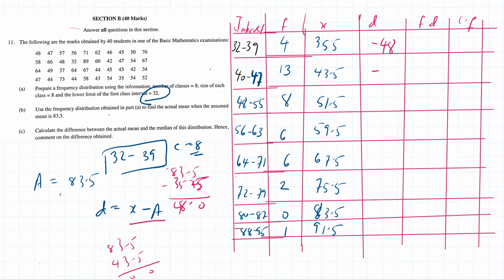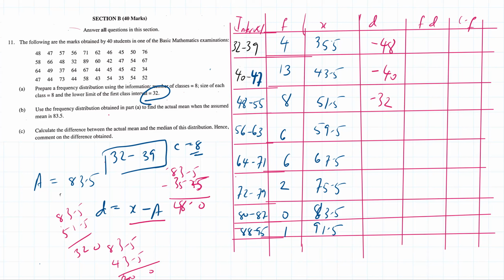And then negative 30, I'm sorry. You are going to take 83.5 minus 51.5, so you have negative 32. So you can see the difference is always 8.